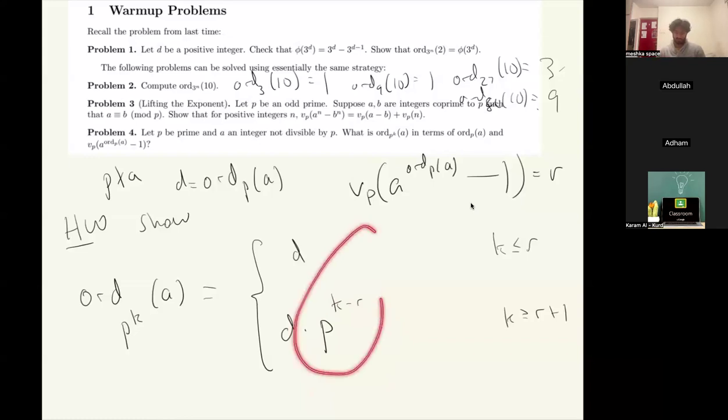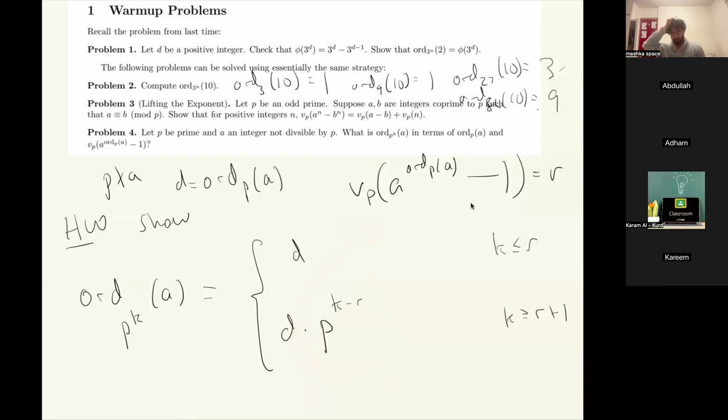Karam, does it make sense why this formula would be true in the case when D equals 1? I just want to make sure you understand the case we just did, when P is 3.